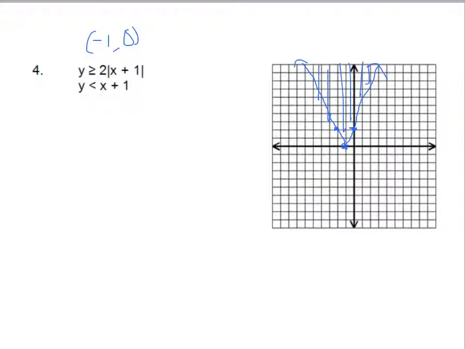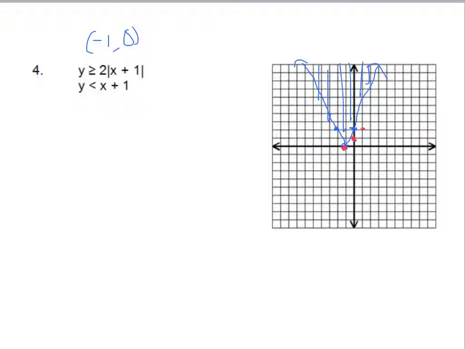Alright, and then the next one is y is less than the absolute value of x plus 1. So I'm going to plot my point. I'm going to use a different color. It looks better to me. And then my slope is 1. So up 1 over 1, down 1 over 1.